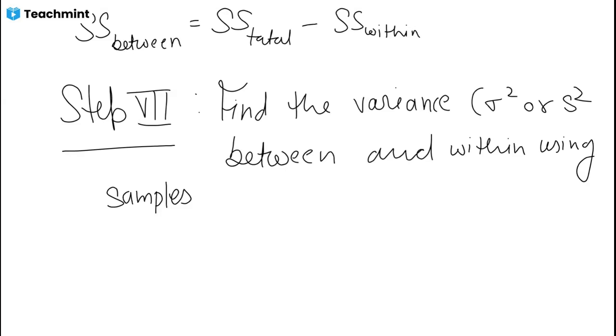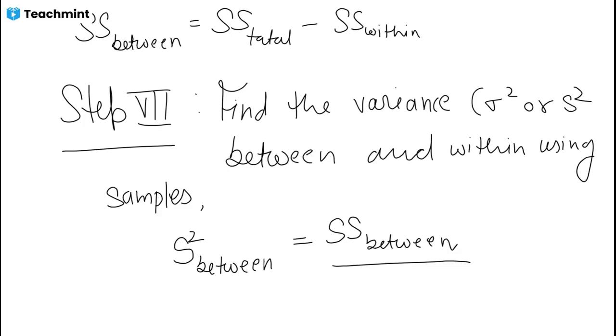We can express variance using sum of square and degree of freedom as s square between is equal to sum of square between over degree of freedom between.